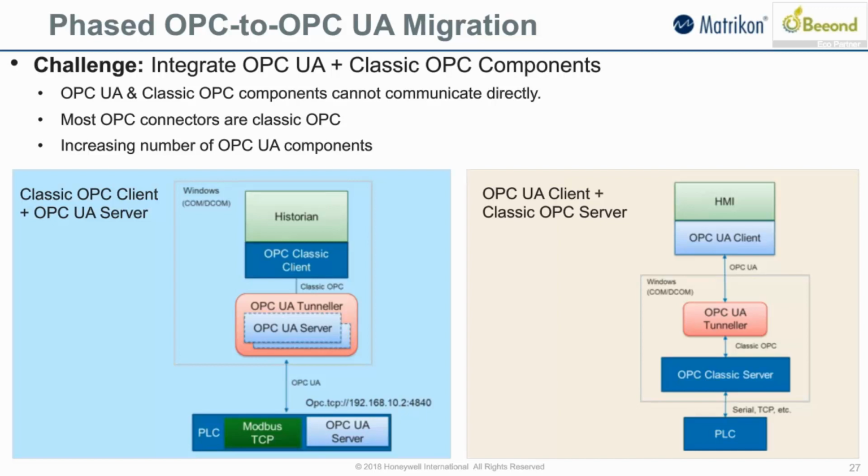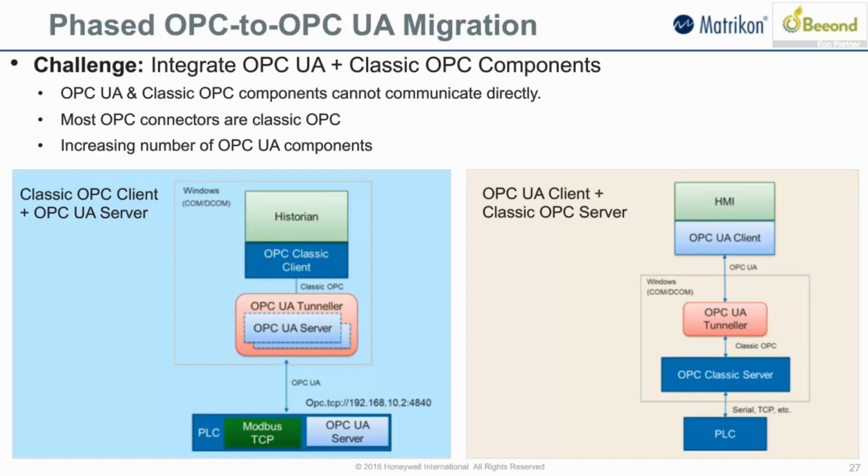And vice versa, if you're starting to implement OPC UA servers, or you introduce now an OPC UA client, there's more and more of those out there, SCADA type applications, you can connect them to OPC Classic using, again, this tunneler technology.